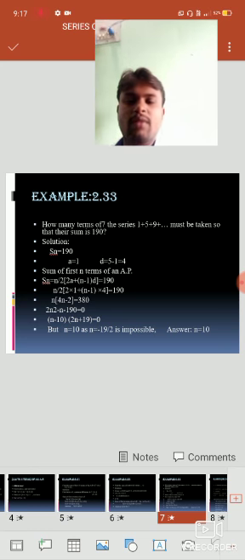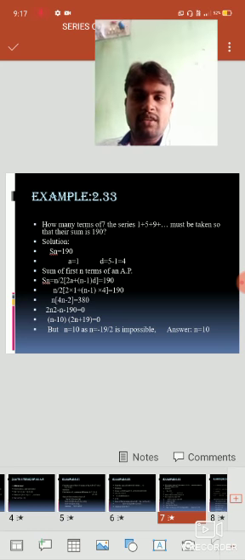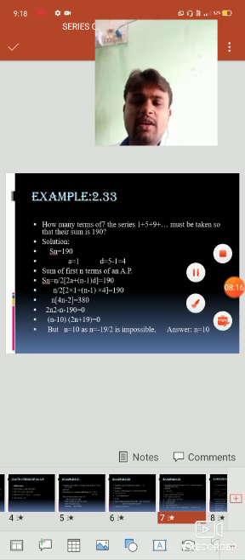Here using the formula, the sum of the first n terms of an arithmetic progression, Sn is equal to n by 2 times (2a plus (n minus 1) into d). So n by 2 into (2 times a value 1 plus (n minus 1) and d value 4) is equal to 190. So 2 is going to the right hand side by multiplication.